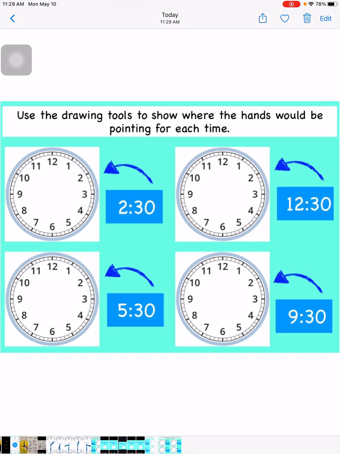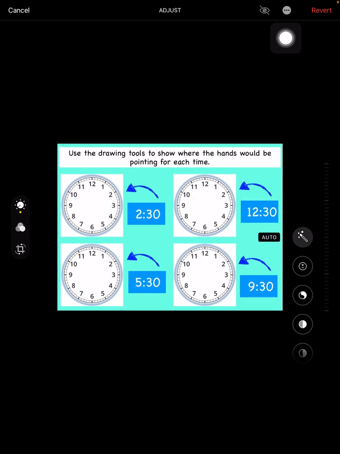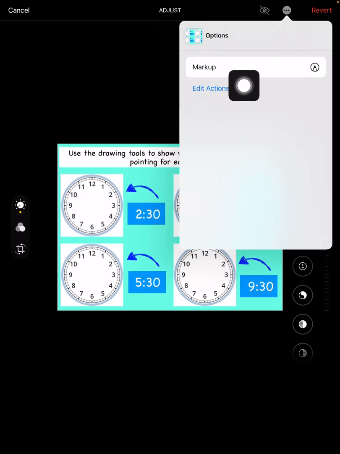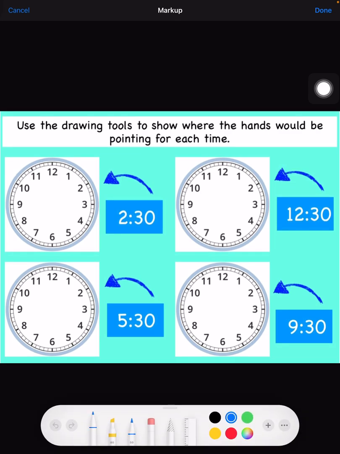After you have the picture saved, you're going to either use markup, which you go to edit, click the 3 little dots, click markup, and you're using markup to draw the hour hand and the minute hand on your clocks to show these 4 times.